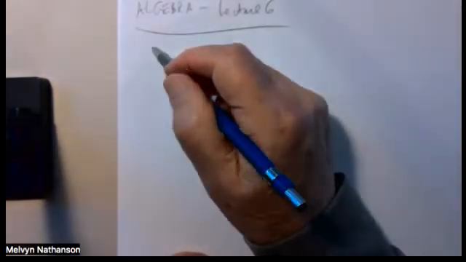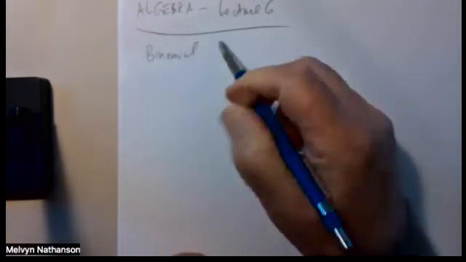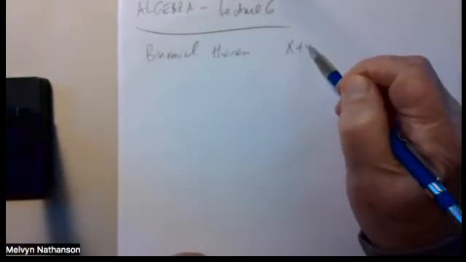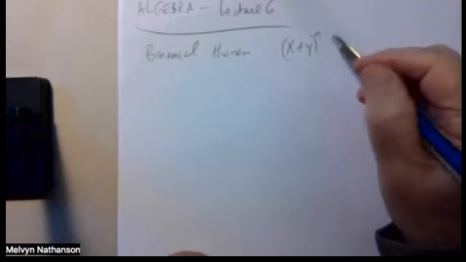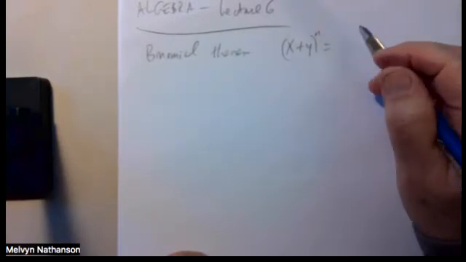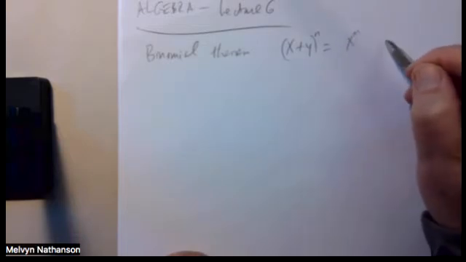So I think the last thing we did in lecture 5 was the binomial theorem. We proved that if you take x and y, which can be variables, numbers, any quantities at all in a ring where you can multiply and add them, then x plus y to the n can be expanded as a sum of powers of x and powers of y with some coefficients.